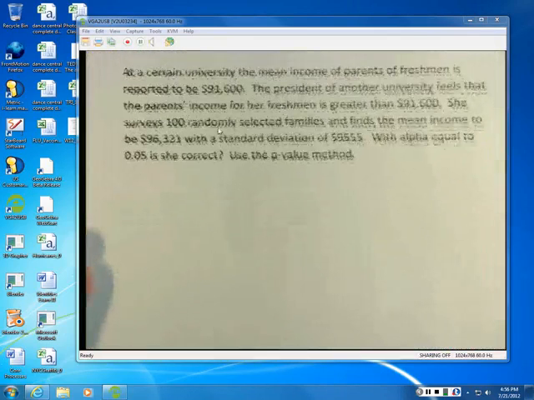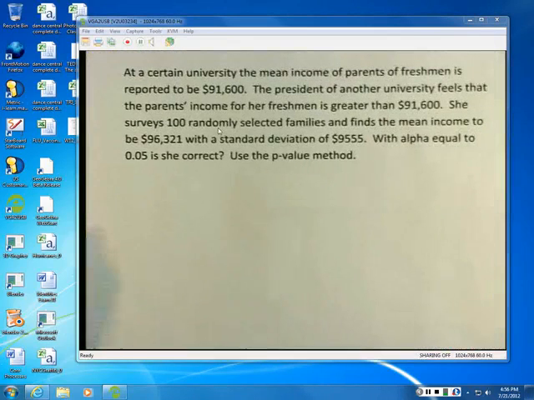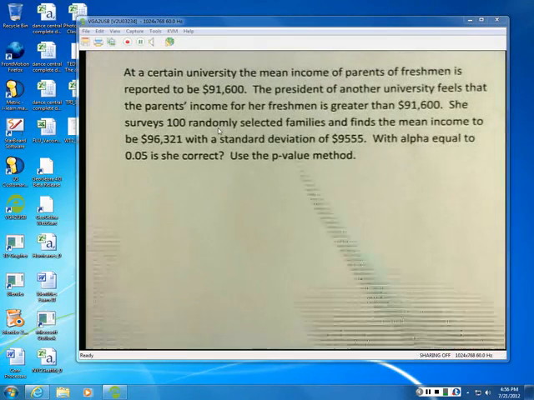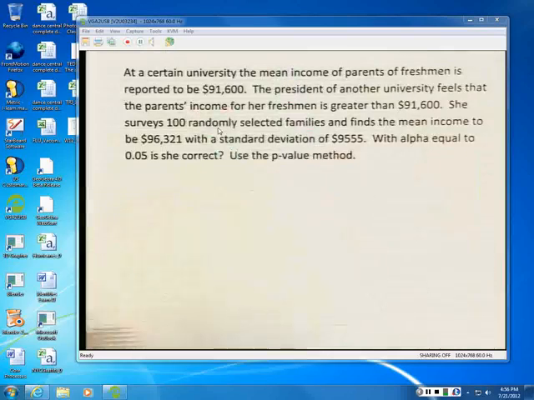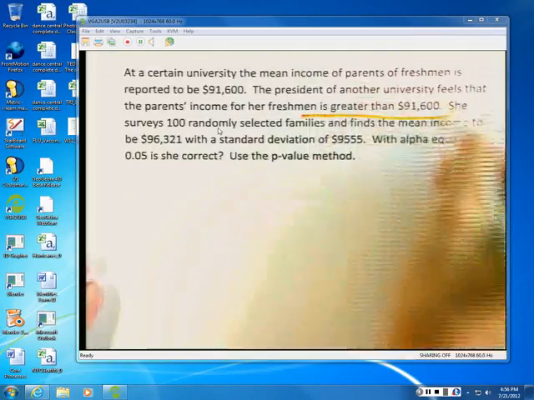Okay, so at a certain university, the mean income of parents of freshmen is reported to be, this sounds like a hypothesis, right? Reported to be 91,600. The president of another university feels that the parents' income for her freshmen is greater than 91,600.